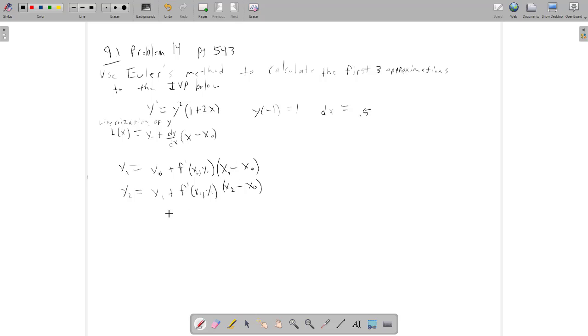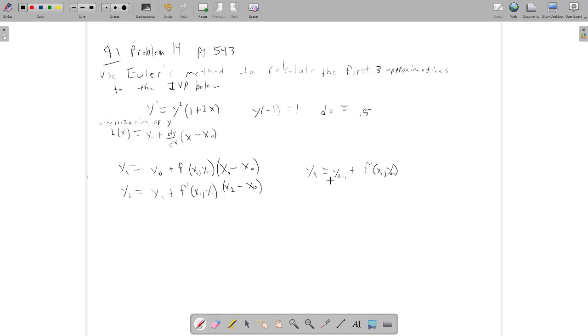So in general, our format is going to be y sub n equals, because our dx is 0.5, that's constant, we're always doing that. Our y sub n is just going to be our previous one, so n minus 1, plus f prime, so our derivative, of x sub n minus 1, y sub n minus 1.